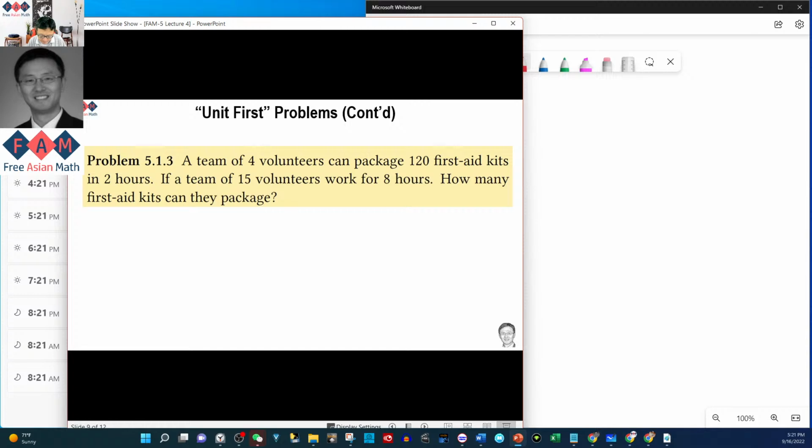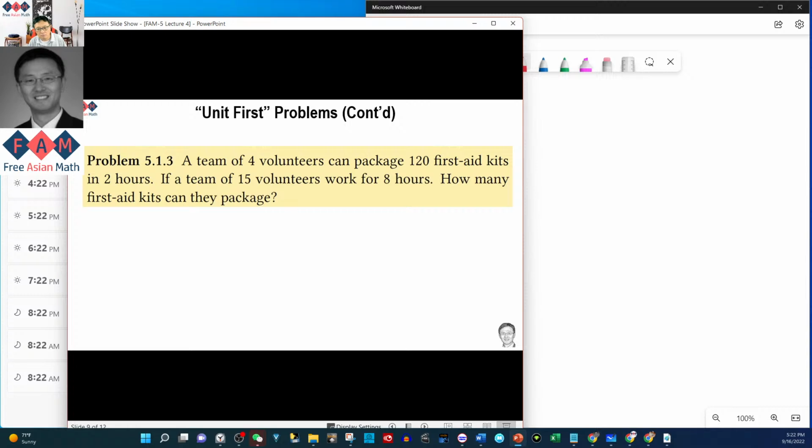Well, both the statement and the second hypothetical become considerably more complicated. But you should not be distracted by that information. You should still look for the fundamental concept. What is the fundamental concept here? We have in the statement question, we know the number of volunteers, we know how long they worked. We want to figure out the output of their work. What is the relationship?